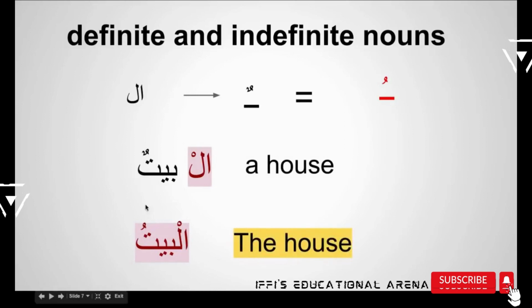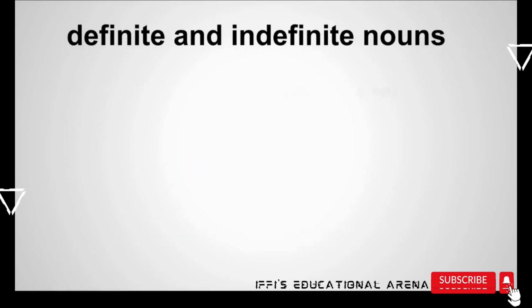The reason it changes from double dhamma to single dhamma is that double dhamma is a sign of indefinite and al is a sign of definite, so both can't coexist in the same word. When al comes, the double dhamma or double tanween changes into a single dhamma, fatha or kasra. So you've got to remember. Let's do some practice, inshallah. Miftahun becomes al-miftahu.